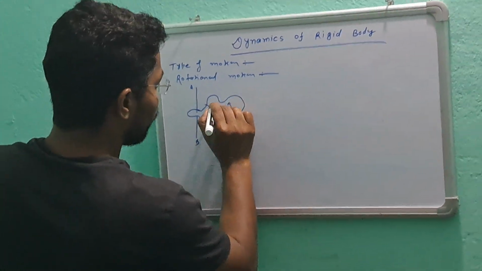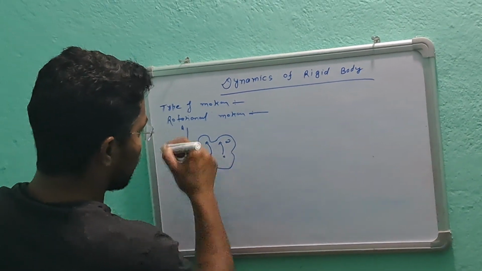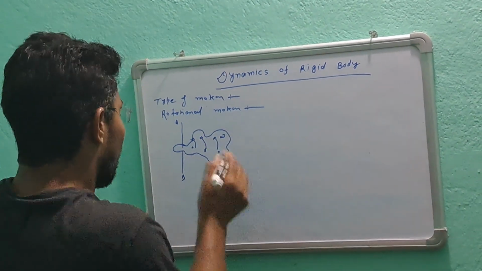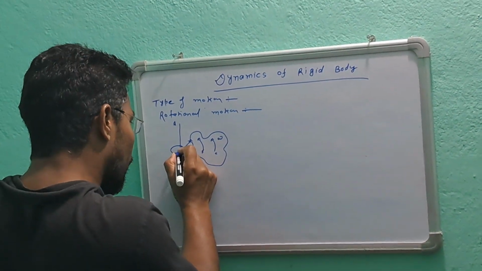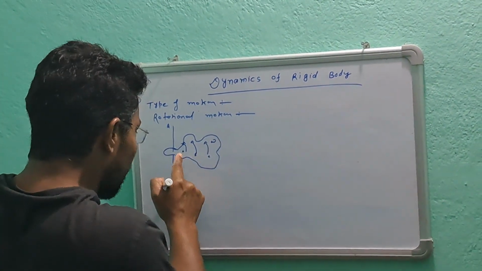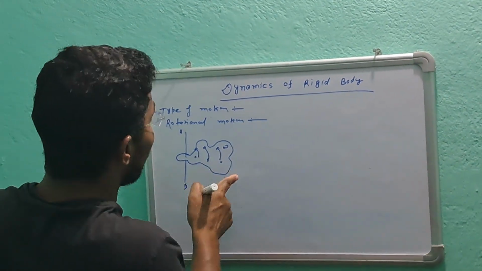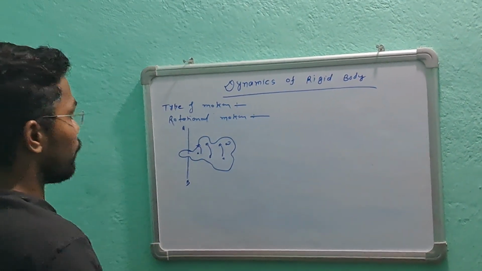All points follow circular motion with the same angular velocity, except the point on the axis. Even though the linear velocities of points A, B and C will be different, omega of all the points will be the same.